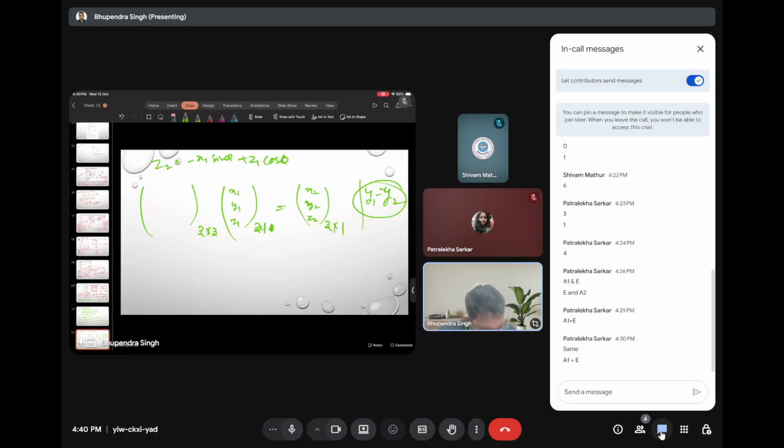So 0 1 0 for that row, with 0 0 around it, right? Now try to fill it up. Z2 is the combination of, tell me.